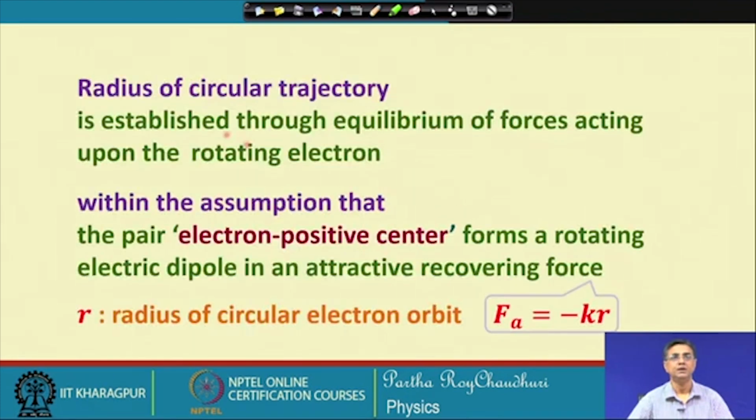So, the radius of the circular trajectory is established through the equilibrium of forces acting upon the rotating electron, and this is under the assumption that the pair of electron and positive center forms a rotating electric dipole in an attractive restoring force, which involves the radius of the circular orbit.